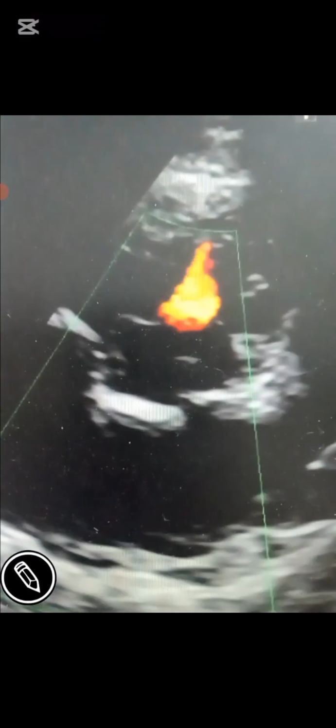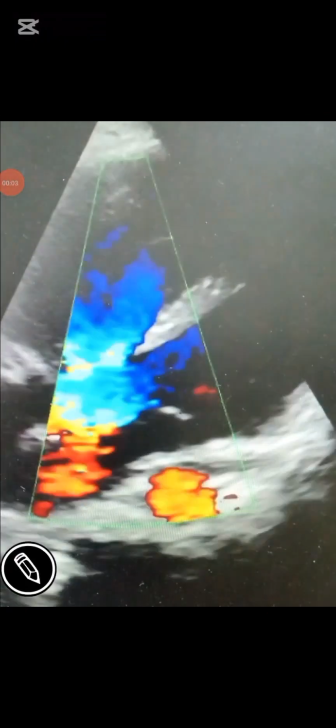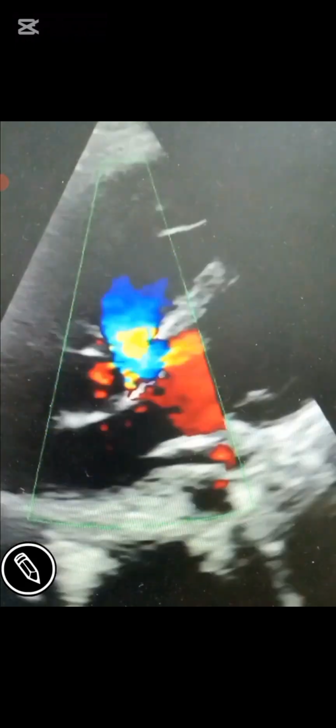This also appears in the 5 chamber window. When you see the 5 chamber VSD, look at the short axis view. The shunting from left to right will be at 12 o'clock. This is the subcostal 5 chamber window with the ventricular septal defect and left to right shunting. So this is the same patient you saw earlier in the short axis window, with the blood shunting at 12 o'clock.